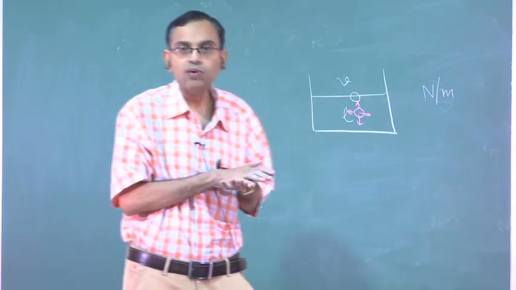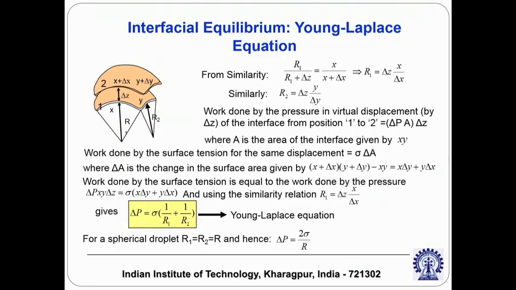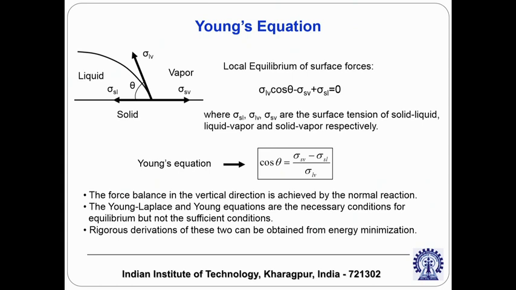So, 1 by r1 and 1 by r2 in this equation will become 0, so delta p will be equal to 0. On the other hand, for a spherical droplet, r1 and r2 will be equal to r, so delta p equals 2 sigma by r. Okay. So, this is the Young-Laplace equation.